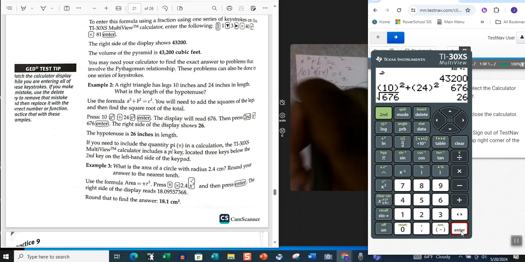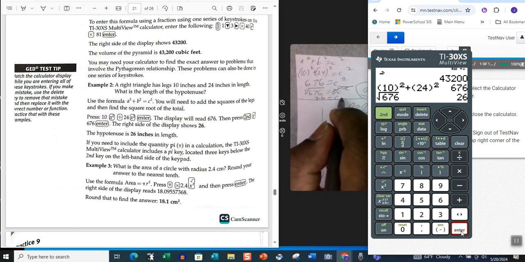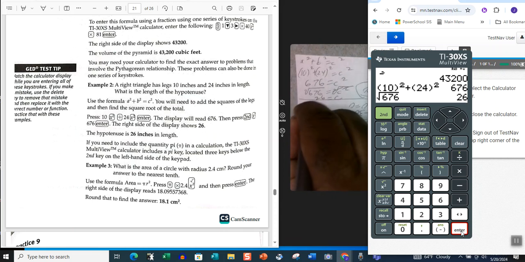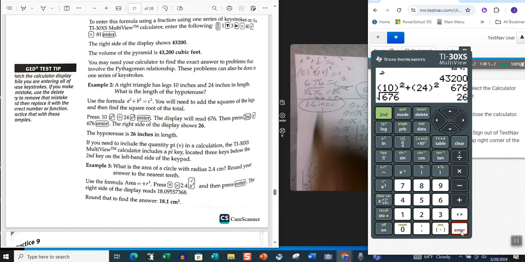So that'll be 26 is equal to C. So your answer here would be 26. So it'd be 26 inches, because they did give us the units. So 26 inches is equal to C. Okay, now, that was example 2. That is our hypotenuse.